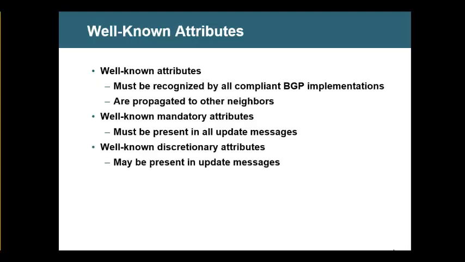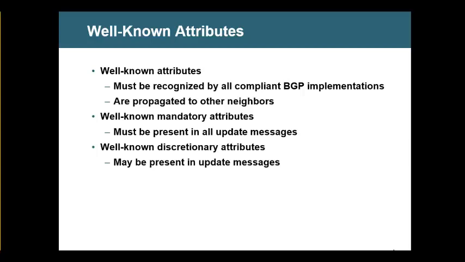Now let's see. What is a well-known attribute? Well-known attributes are those that must be recognized by all compliant BGP implementations. Means it should be seen. And they are propagated to other neighbors.